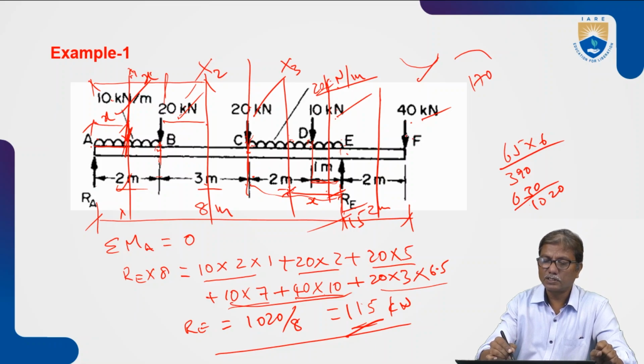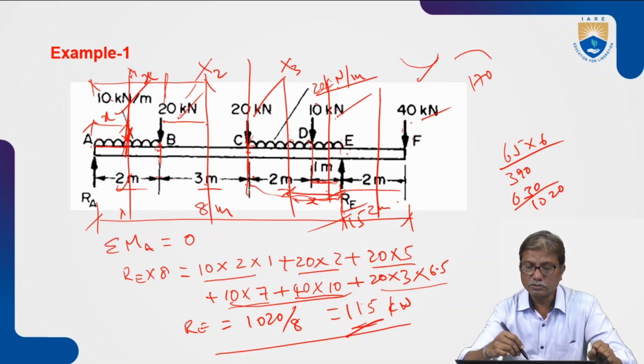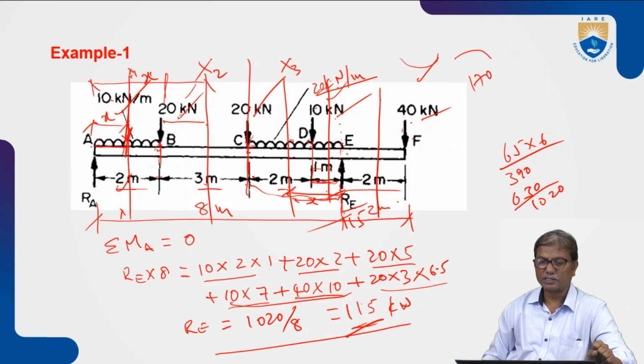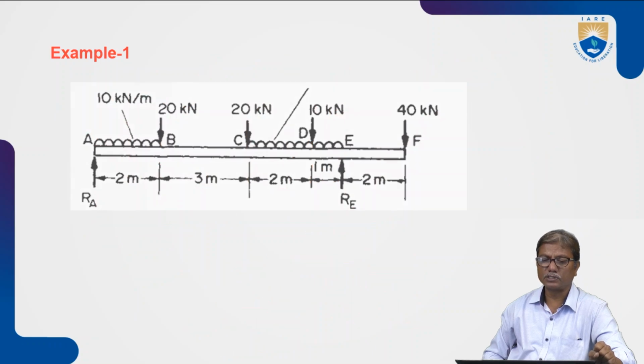And how about this 40 into x plus 2? Distance of this is x plus 2. Then 40 into x plus 2, plus 10 into x minus 1, 10 into x minus this load. And due to UDL, 20 into x by 2. All these are negative. Due to loads, the moment is negative. Due to reaction, the moment is positive.